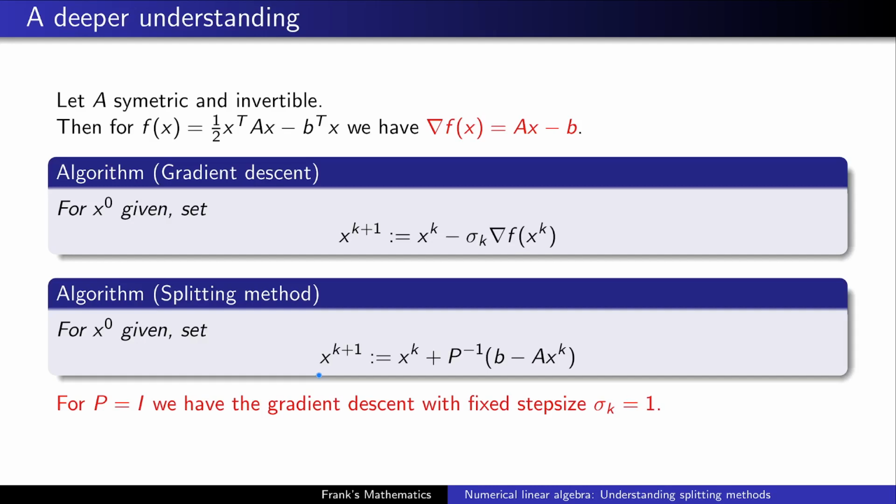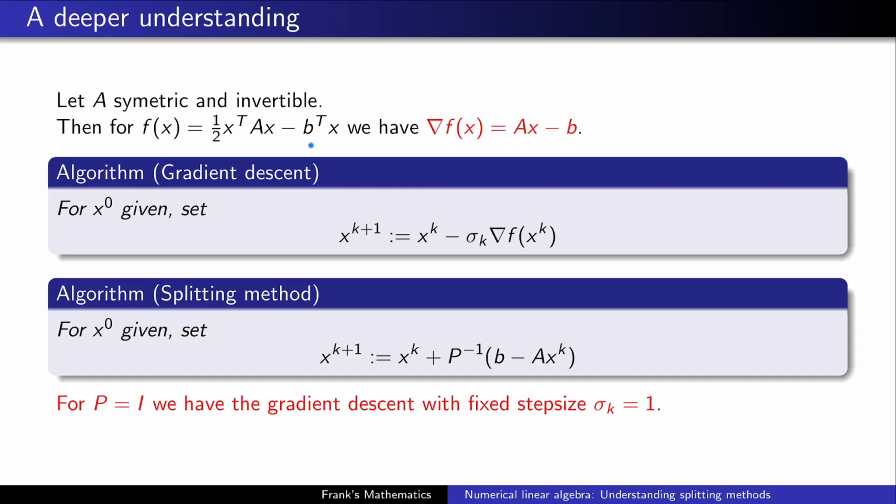This means that for the specific choice of P equals the identity, the resulting splitting method can be interpreted as the gradient descent with fixed step size equal to 1 for this optimization problem, for this function here. And this is quite interesting because now we have put two completely different methods into perspective.